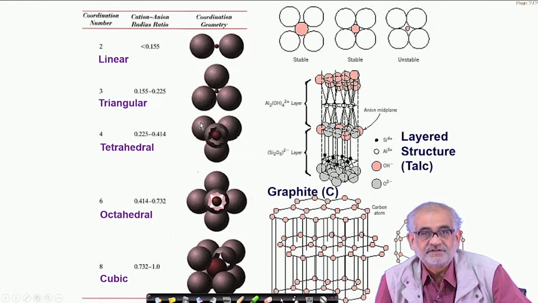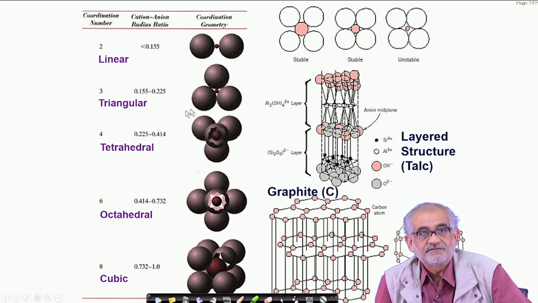If you are just given dissimilar sized species, how can you stack them? If the ratio of the radii of the small and the big, the cation and the anion, is less than 0.155, then we expect simply linear stacking, because they cannot make a three-dimensional array; the sizes are so different that the smaller one will rattle within the holes of the bigger ones.